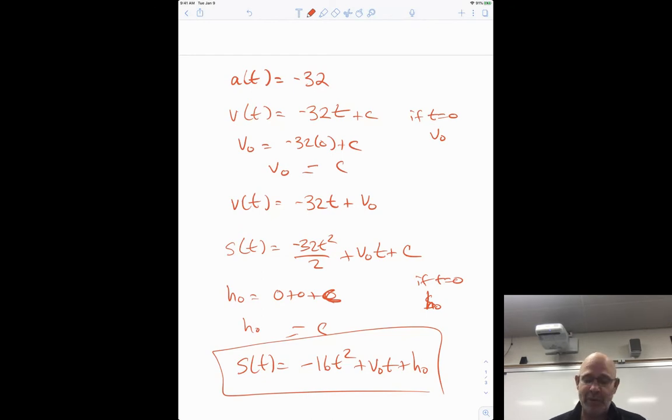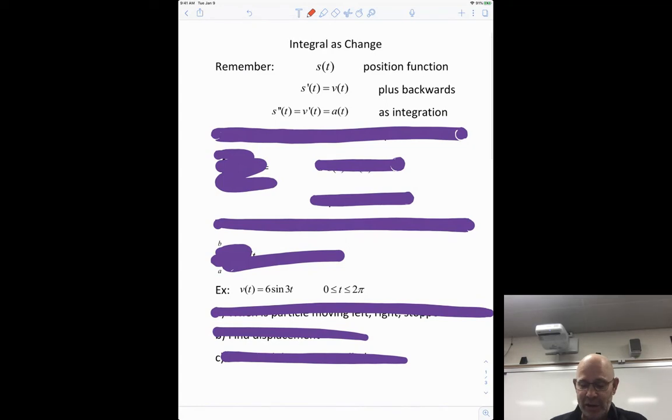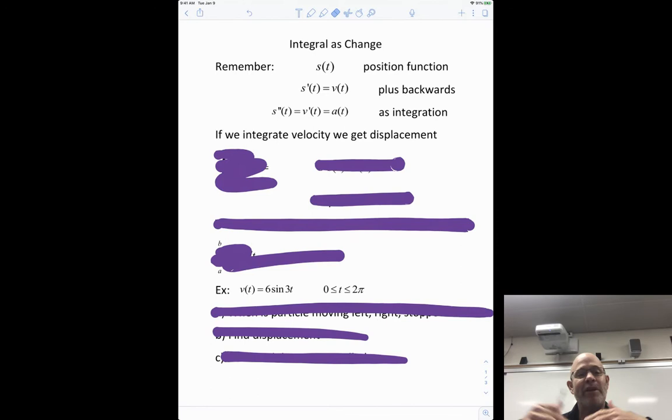Just today, real quick, a couple of things about integration and velocity. If you integrate the velocity, we know this, we get the displacement. If you integrate velocity, generally speaking, you get the position.